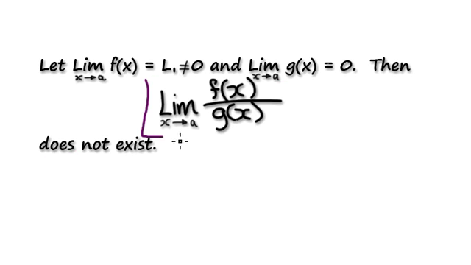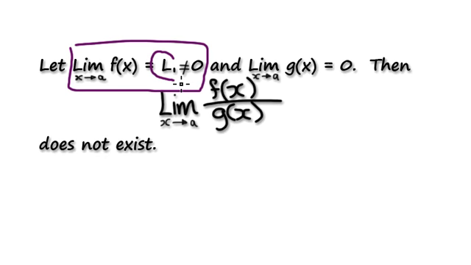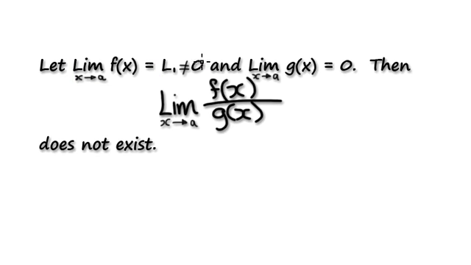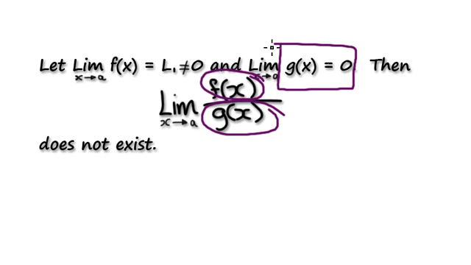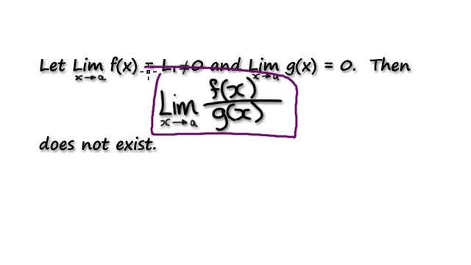So basically, if the top has a limit other than 0, and the limit of the bottom is equal to 0, then the whole thing does not have a limit. That's what it's saying.